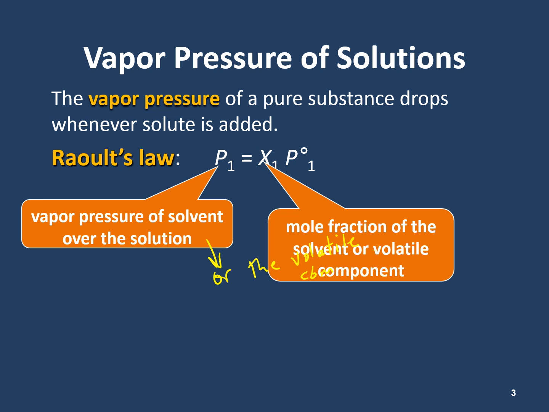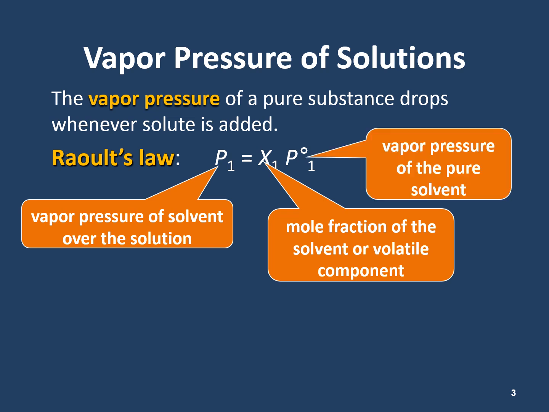The x1 in the equation is our mole fraction of the volatile component. The solvent most of the time is the thing that's volatile, but like I said, could also be the solute. And P naught 1 is the vapor pressure of the pure solvent if it was by itself, no solute present.